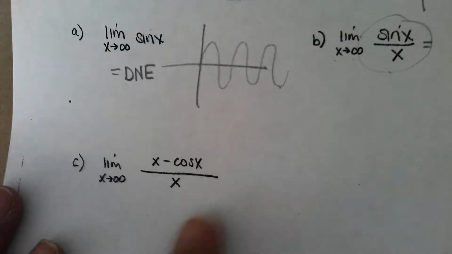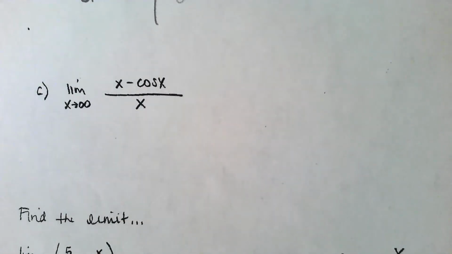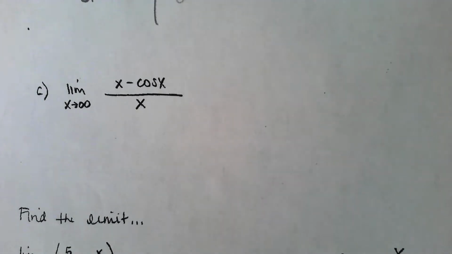Okay. This one is entirely new to us. We've never seen this graph, so you can't go the graph method. You have to think about plugging in infinity. So take a minute on your own to think that through.